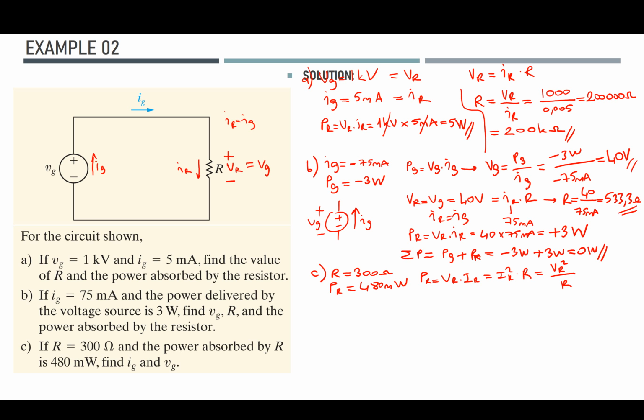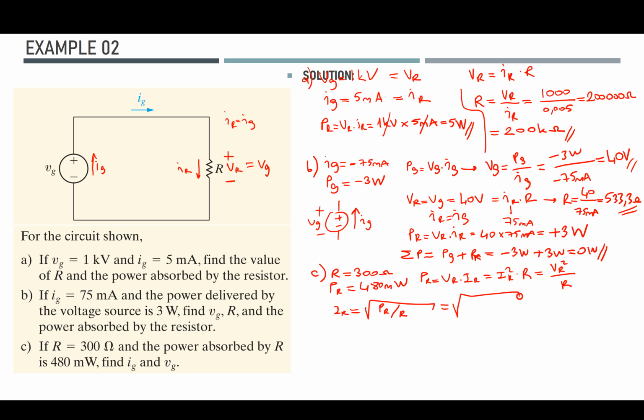So knowing these simple facts, I can calculate the current. The power can be used to calculate the current value, since we know the power value.